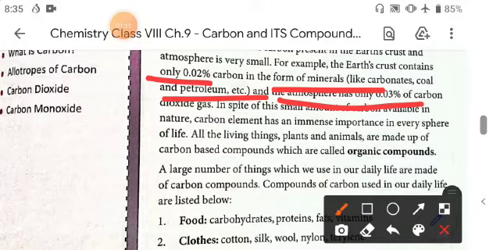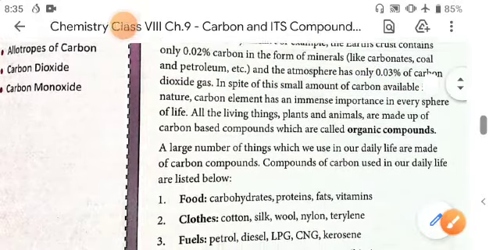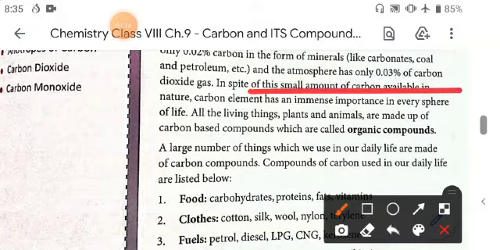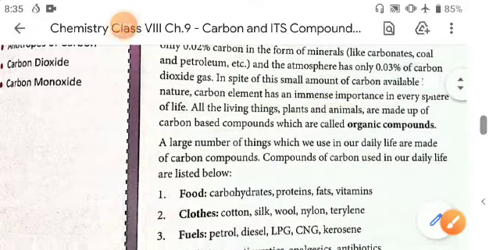In spite of this small amount, carbon is available in nature. The element carbon has immense importance in every sphere of life.